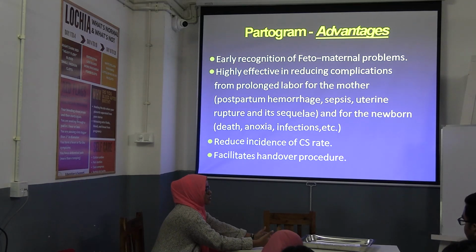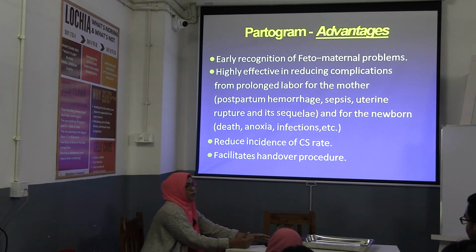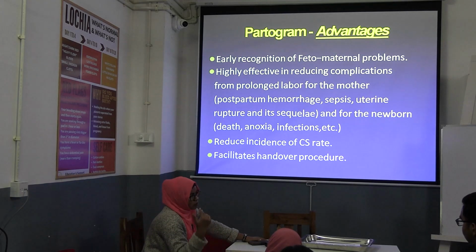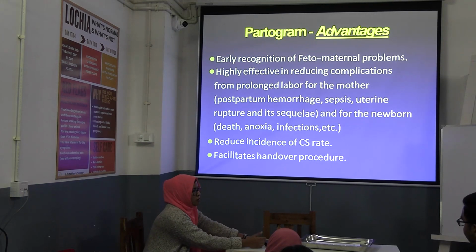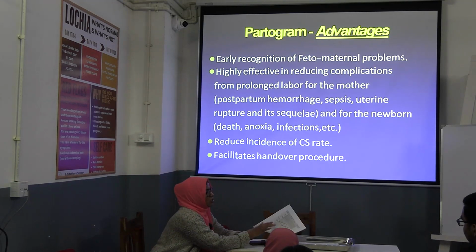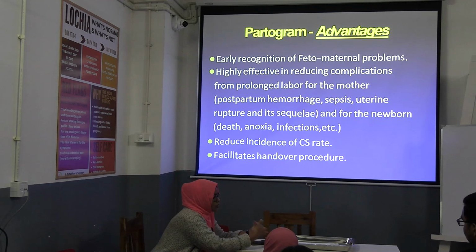So there is a thing of handover. When my duty is over, now the second doctor comes. So how will she find out what was the progress? So this is easy to hand over. This is this, and you can now monitor this patient, because the handover process became much easier after this partograph.